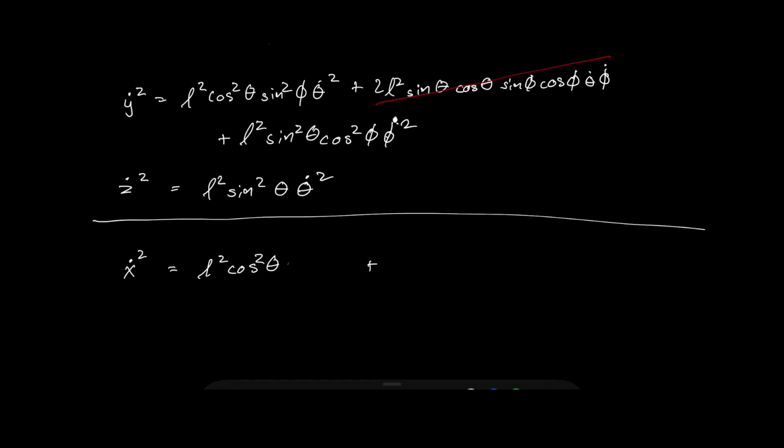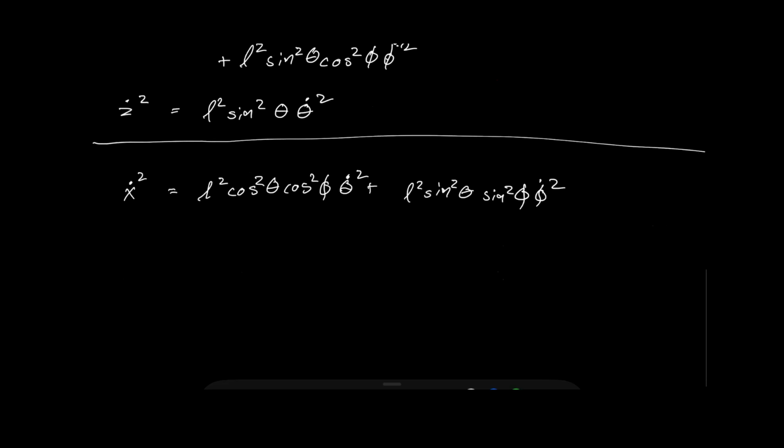There we go. So this is cosine squared phi theta dot squared. Sorry about that. Plus L squared sine squared theta sine squared phi phi dot squared.